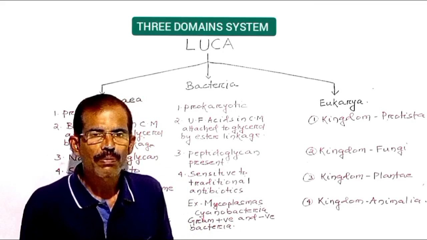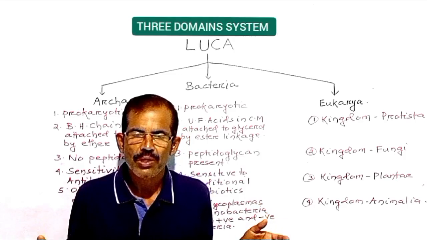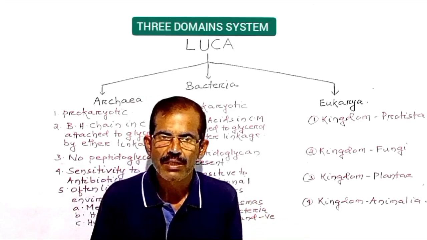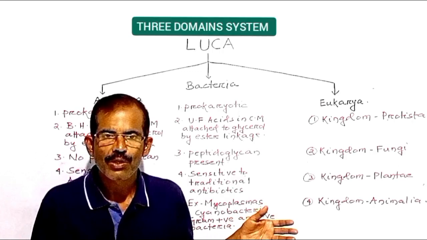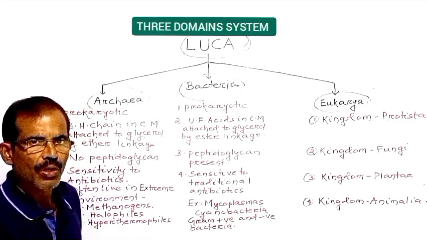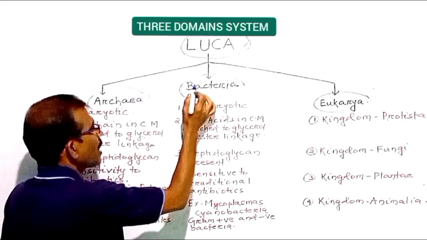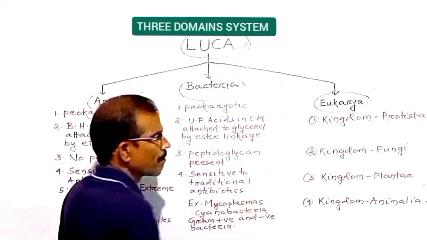With this system of classification, Carl Woese introduced a new taxonomic rank, the domain, which is placed above the kingdom level. This figure illustrates the origin of three different types of cells from a common ancestor cell.